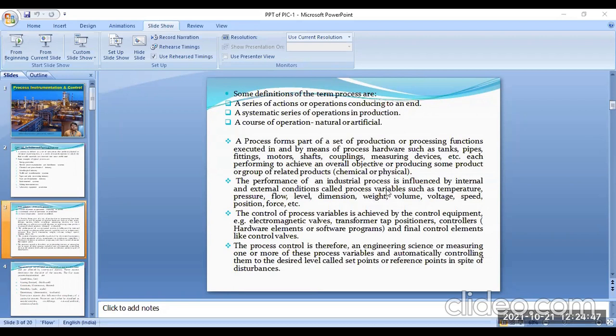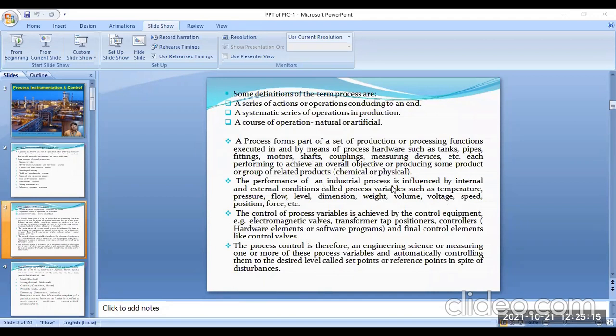So what are the basic examples of process variables? Temperature, level, flow, pressure, dimension, weight, volume, speed, voltage, position, acceleration, force, etc. These are basically the process variables. In each and every process industry, we have to control these process variables.